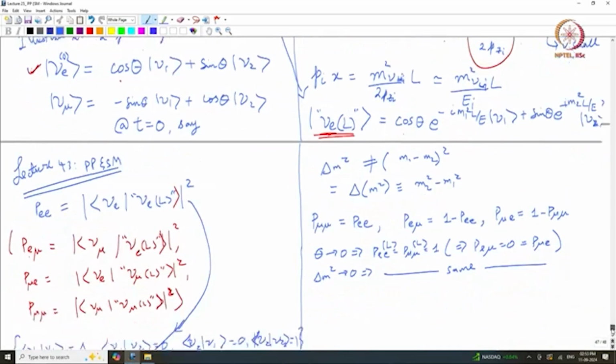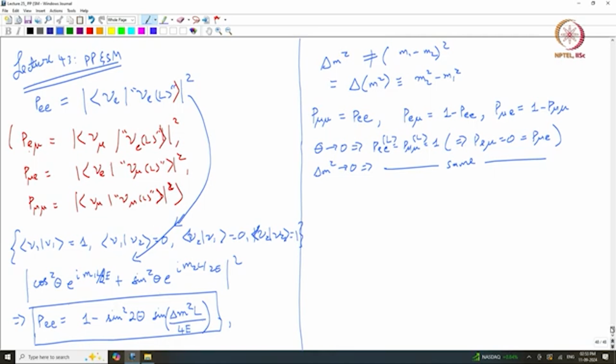So there are no oscillations, there is no conversion of flavor that you would see when you measure the flavor eigenstate after propagation, okay? So all these give us confidence that this formula is indeed correct, and obviously if L is 0, there is no propagation, so there is no conversion, and so on, okay?